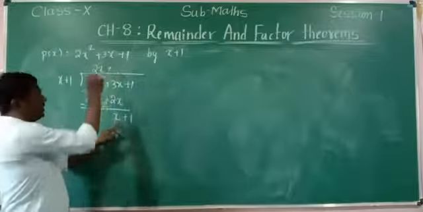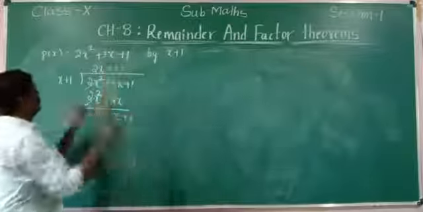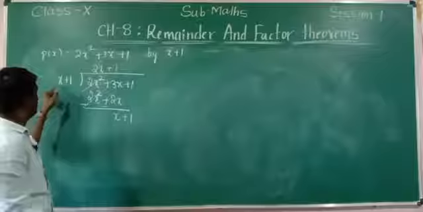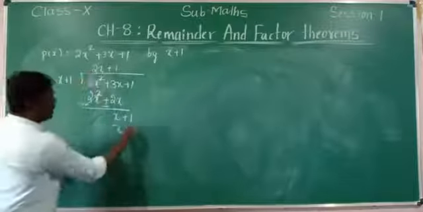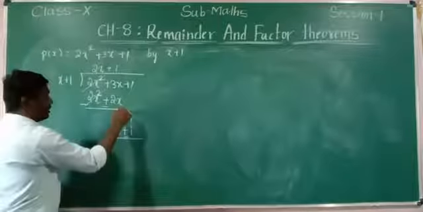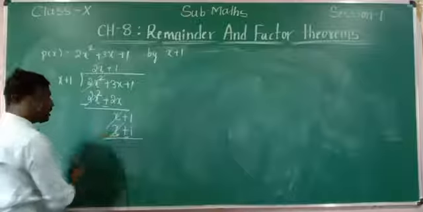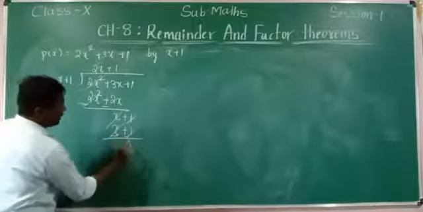If I am eliminating this term, what do I need to multiply here? 1, because x is already there. So 1 into x is x, plus 1 into 1 is 1. Again sign convention, minus minus. So plus x and minus x get cancelled. Similarly plus 1 and minus 1 get cancelled, remaining 0.